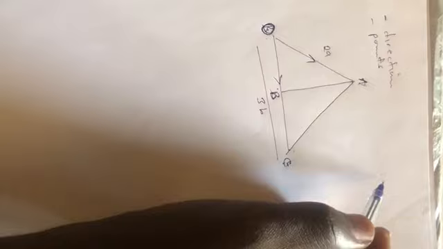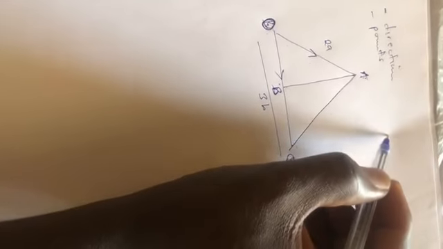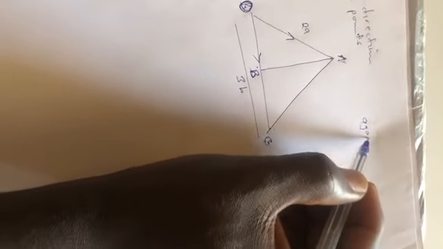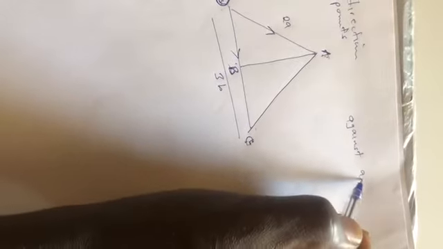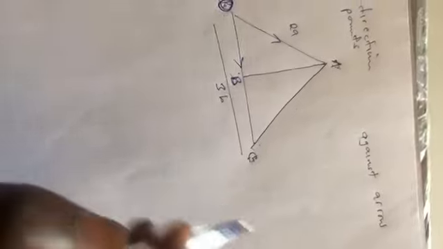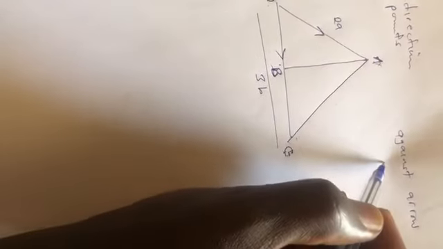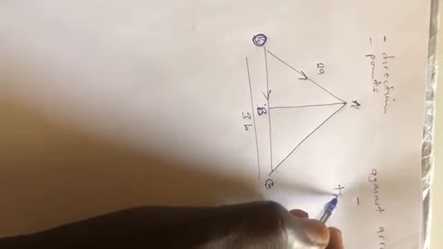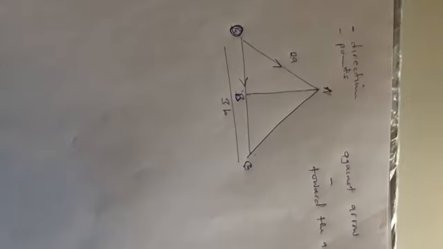Then we need also to consider the directions. If we are moving against an arrow, that direction we get as a negative. But if we are moving towards the arrow, then we get it as a positive.